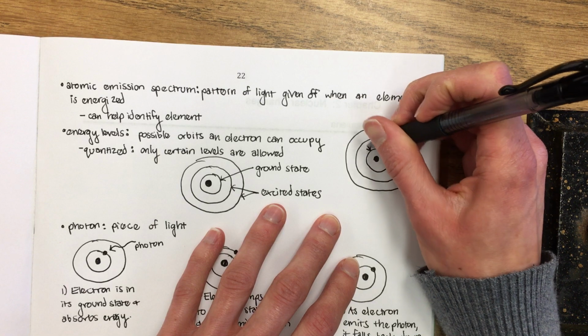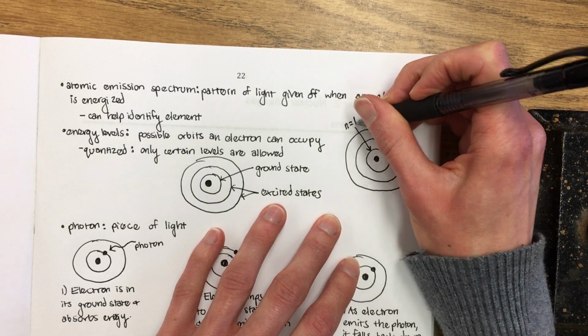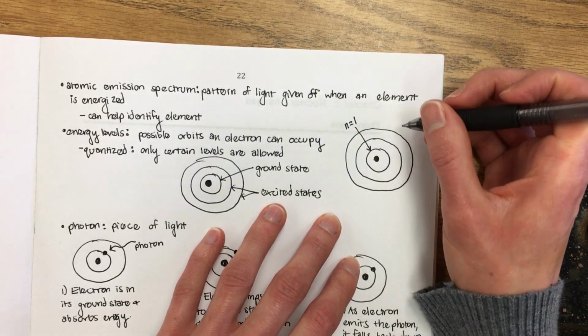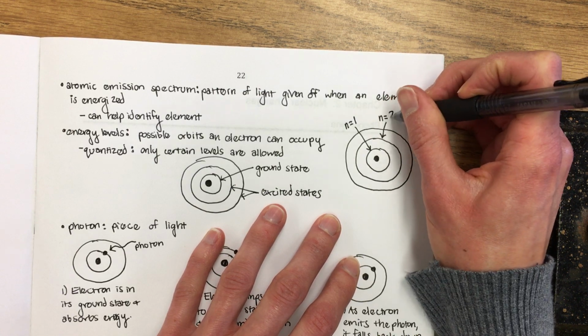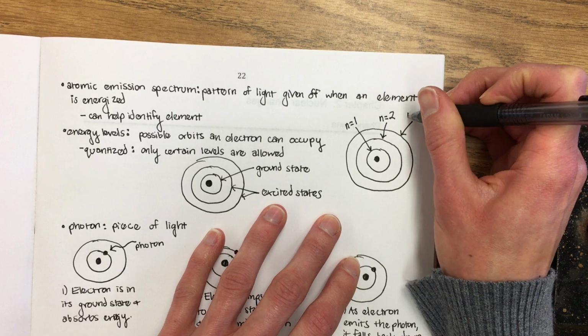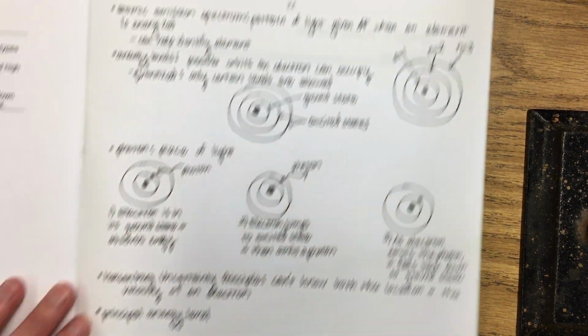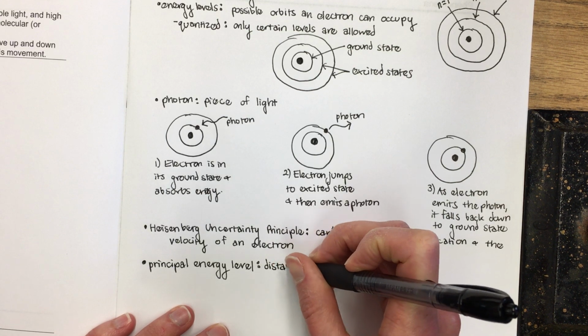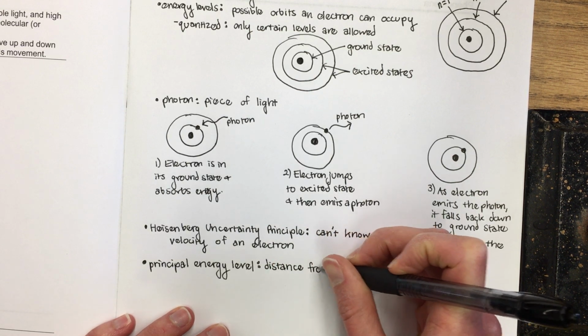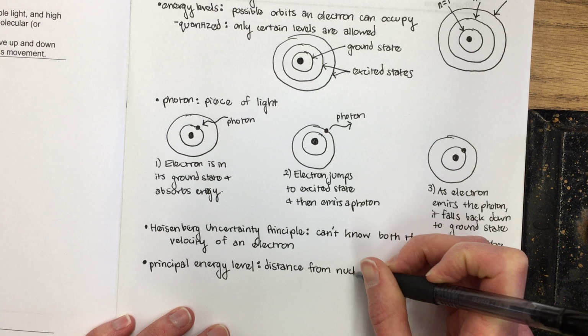We're going to label this one n equals 1. We always label the principal energy levels with n. So n equals 2 and n equals 3. So the principal energy level basically represents the distance from the nucleus. So the higher the principal energy level, the further away we are from the nucleus.